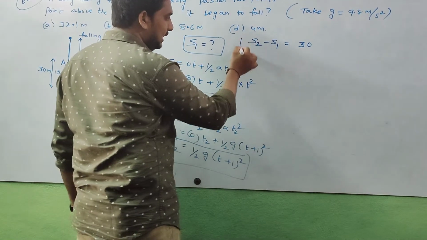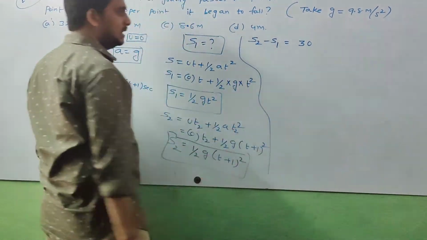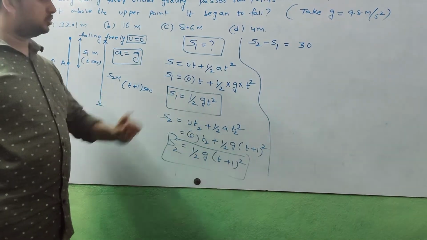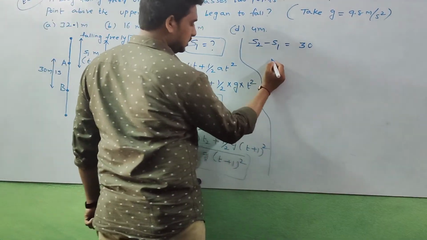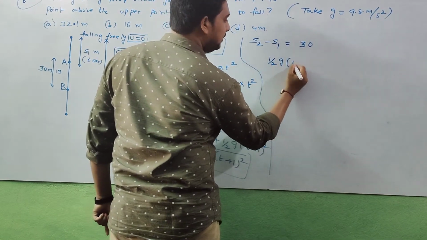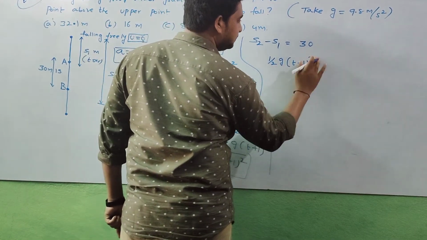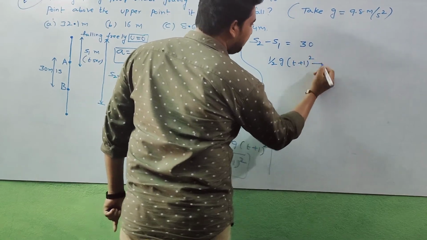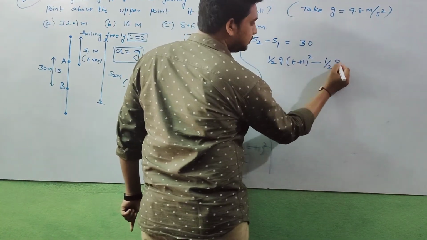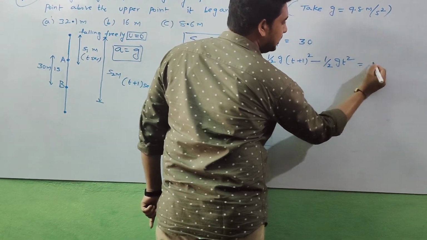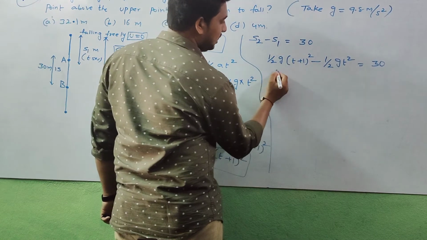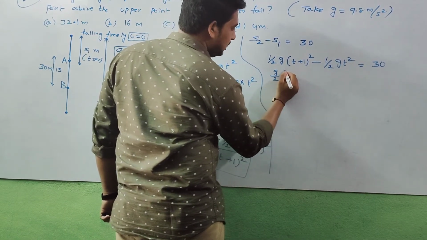So from the given data, S2 minus S1 is equal to 30. Substitute these S1 and S2 values. S2 is half g into t plus 1 whole square, minus S1, which is half g t square, is equal to 30. Observe carefully, half g is common, that means g by 2 is common.